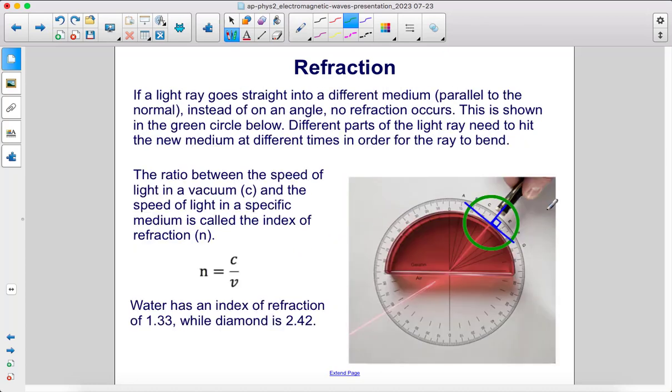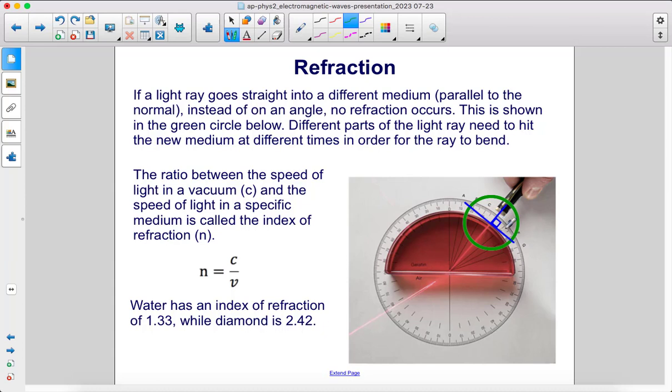If a light ray goes straight into a different medium, parallel to the normal, instead of on an angle, no refraction occurs. This is shown here in the green circle. So here is the interface, and the light is going straight in, which means all of the parts of the ray are hitting the new medium at the same time.